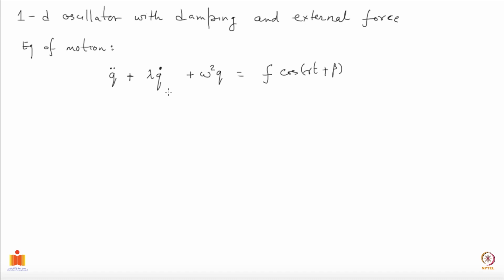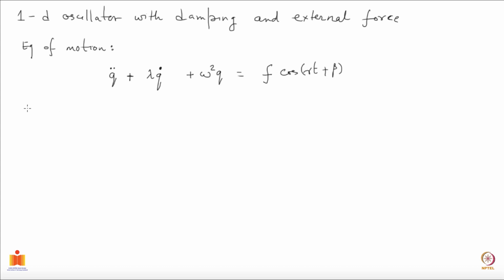Now our experience with the case of the damped oscillator, when we looked at this with the right hand side being 0, with that experience we can immediately see that we should look at the associated complex equation.